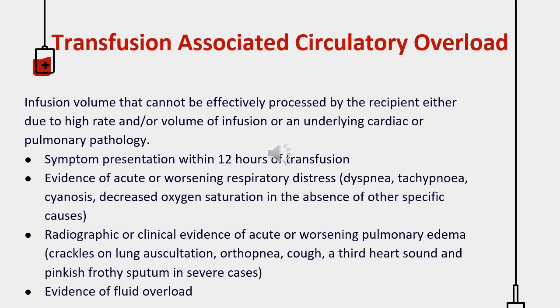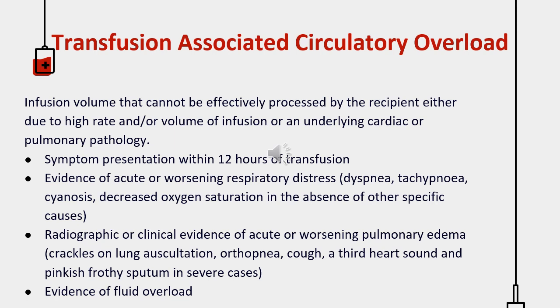Transfusion-associated circulatory overload, also known as TACO, occurs when we have an infusion of volume that cannot be effectively processed by the recipient, either because we've given them too much volume at too high of a rate, or they have some underlying compromise. Pulmonary failure, chronic congestive heart failure. The older, more frail patients can be very susceptible to this.